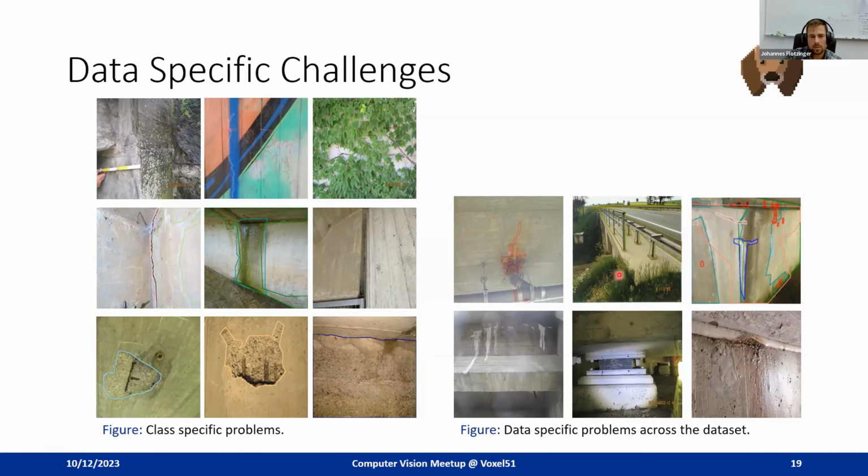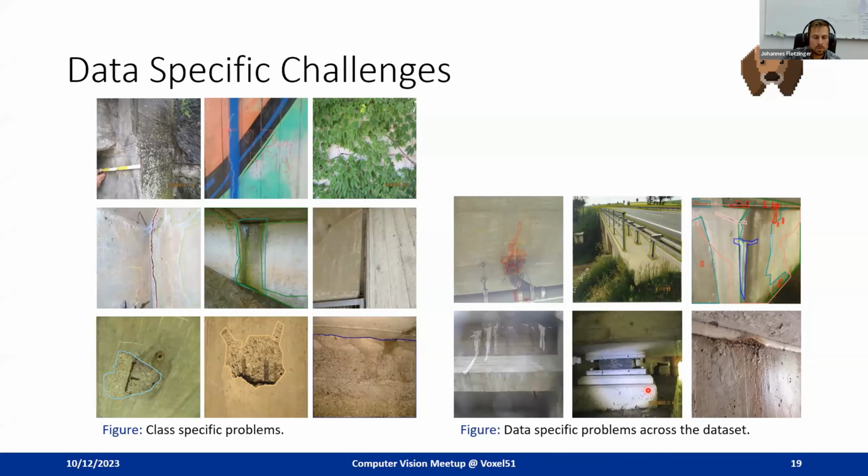On the second image, you can see slowly disappearing protective equipment. So it gets lost in the background somehow. On the most right side, you can see many defects overlapping with each other, which is also very common in our data set. On the most left side in the bottom row, you can see some overexposure in our image.